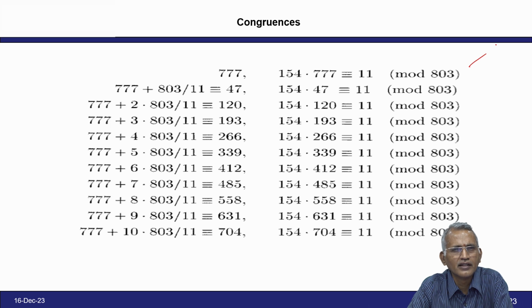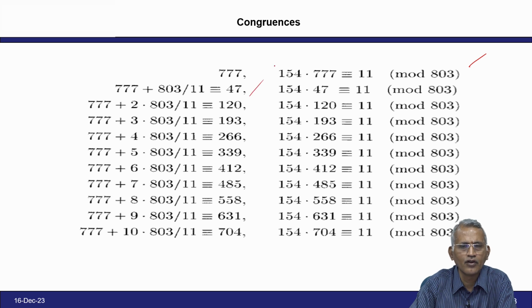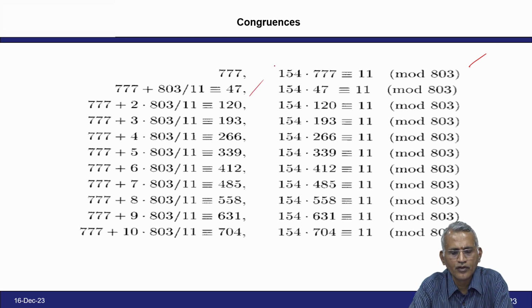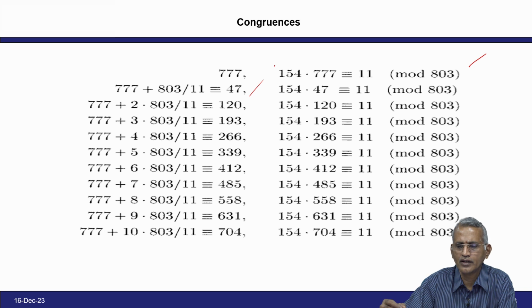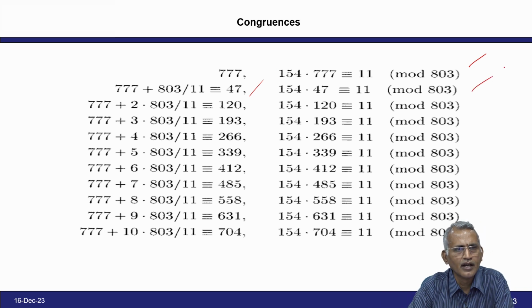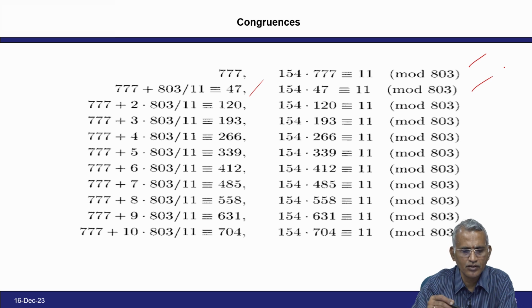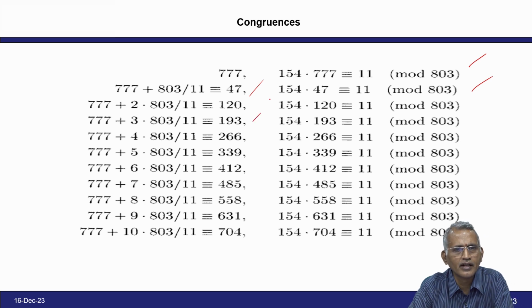Therefore, we can find the other solutions, expressed as 777 plus 803 by 11, equal to 47. Therefore, 154 into 47 is identically equal to 11 under modulo 803. Then 777 plus 3 into 803 by 11 equals 193.